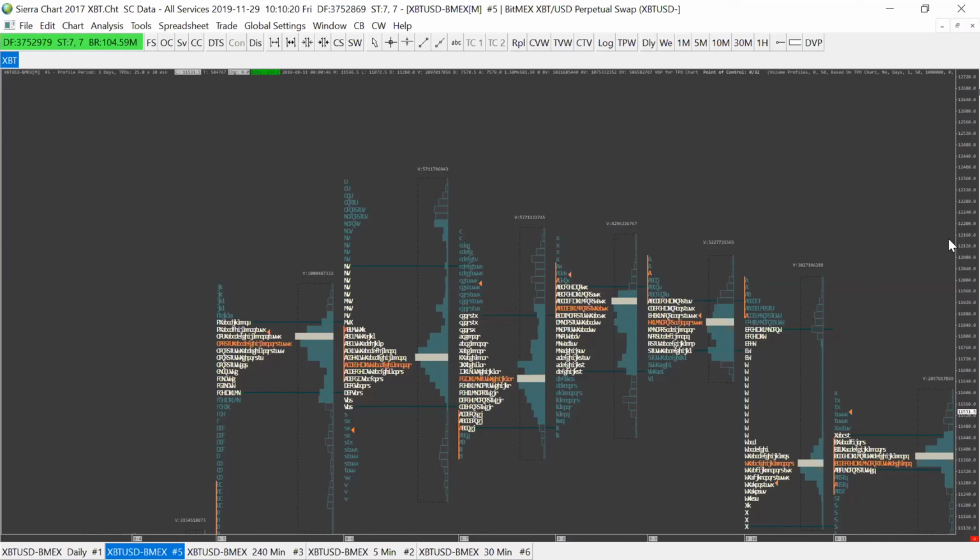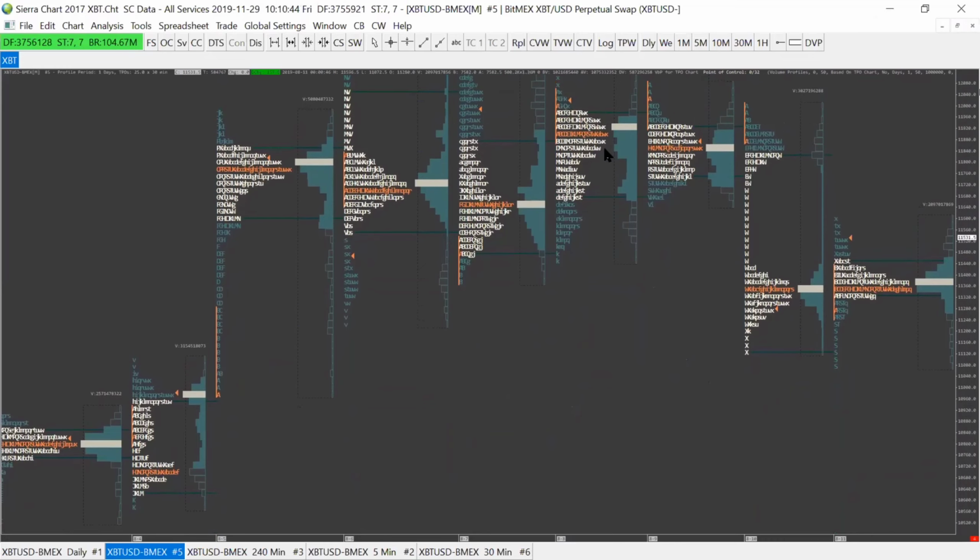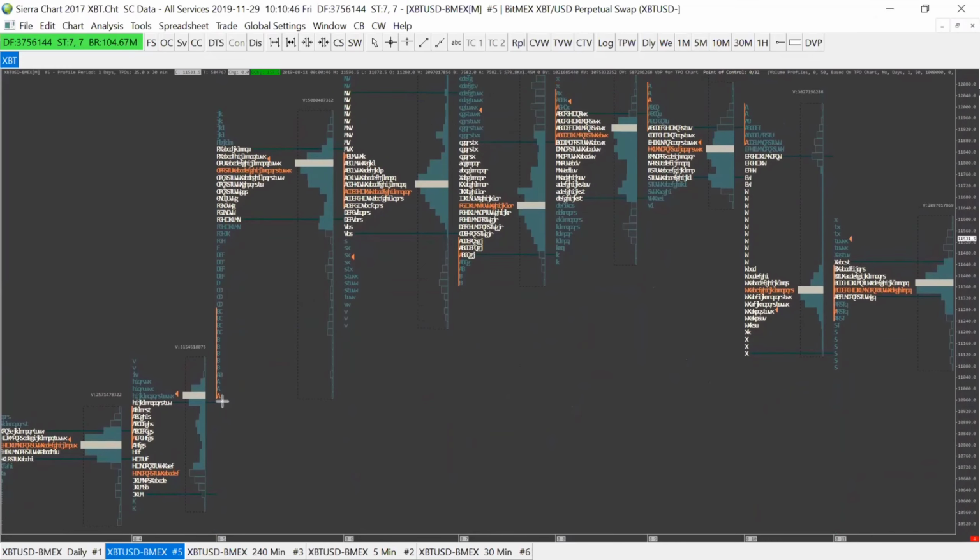So areas of balance and imbalance. And imbalance, wide-ranging, usually illiquid moves will look like this on the profile.